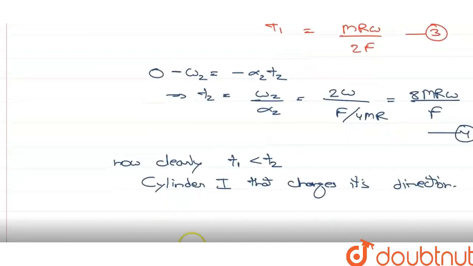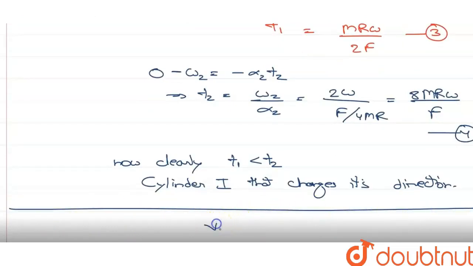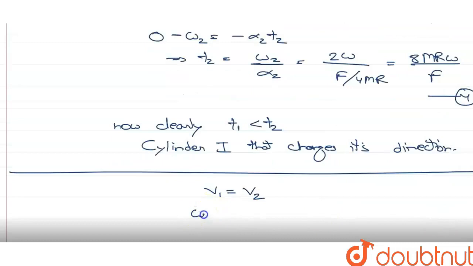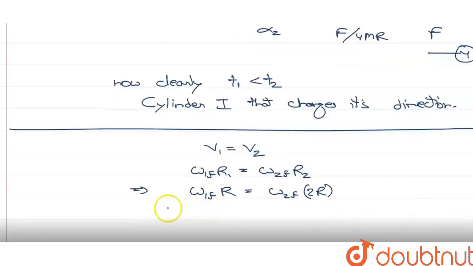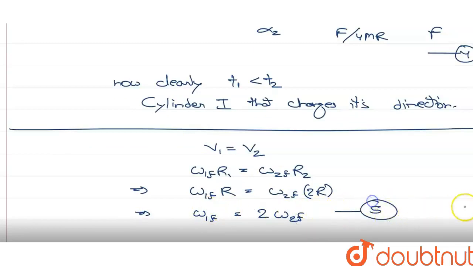That means at the point of contact, v1 should be equal to v2, so omega 1f R1 should be equal to omega 2f R2, which means omega 1f R is equal to omega 2f 2R, which means omega 1f is equal to 2 times omega 2f. This is equation number 5.